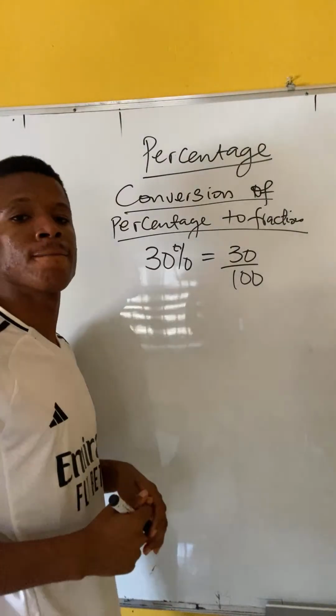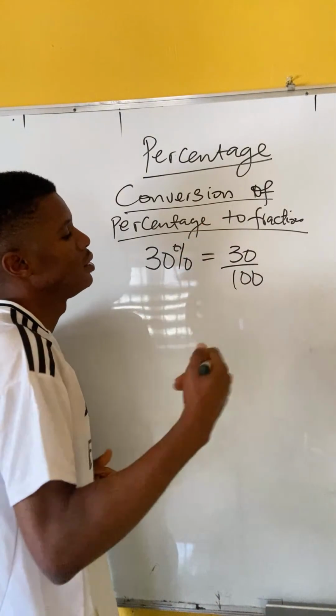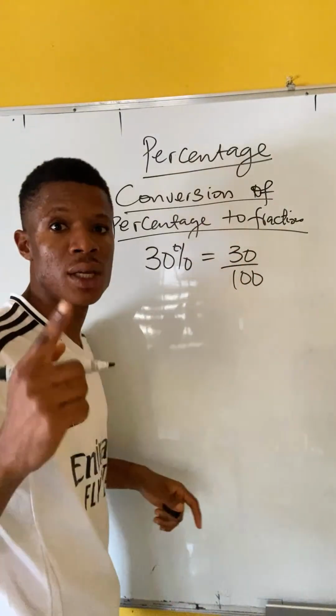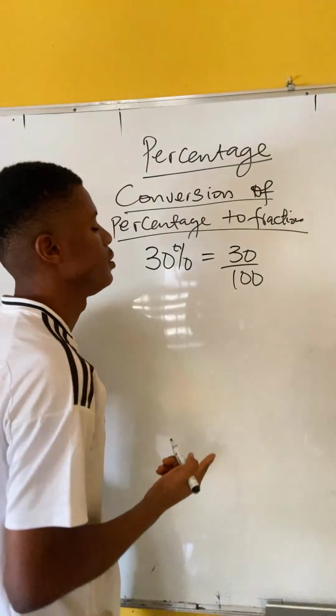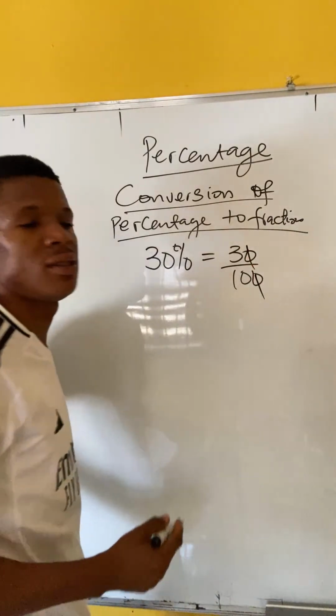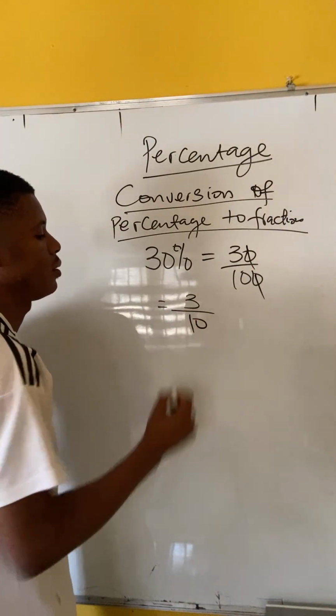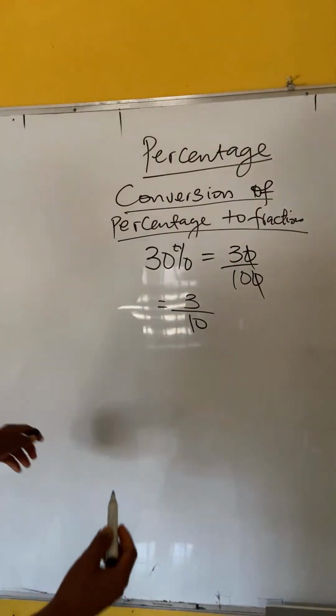When you have 30 over 100, you simply have to reduce it to its lowest term. To do that, we divide by the common factor, cancel out the 0, divided by 10. So what are you left with? 3 over 10. And that's the answer. Are you getting me?